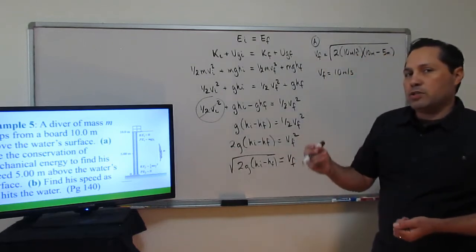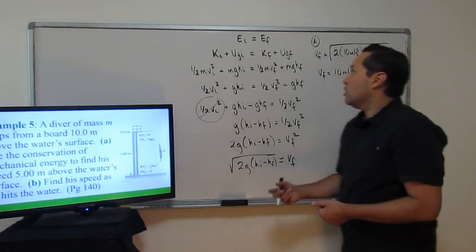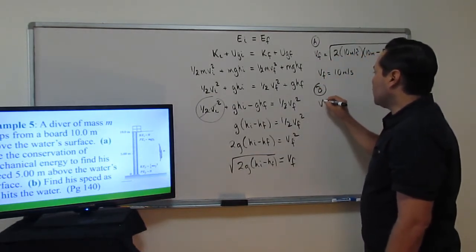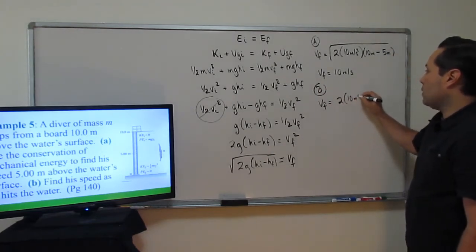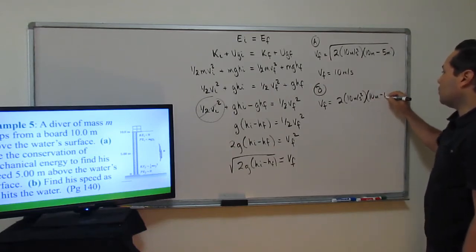Now, how much velocity does he have as he goes another 5 meters? Well, let's plug it into the formula. Velocity will be the square root of 2 multiplied times gravity, 10, times 10 minus 0.